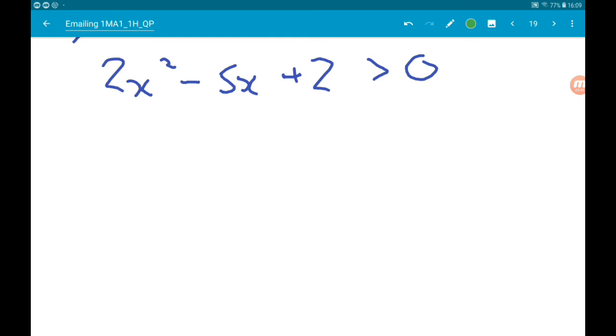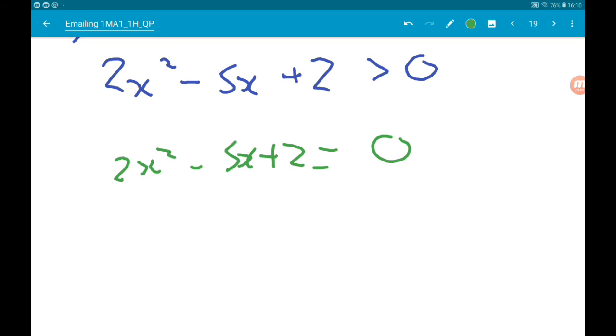So we're now going to say 2x squared minus 5x add 2 is equal to 0. Now we're going to solve this, and what that finds us are the points where the graph cuts or crosses the x-axis, and that then allows us to plot the graph.